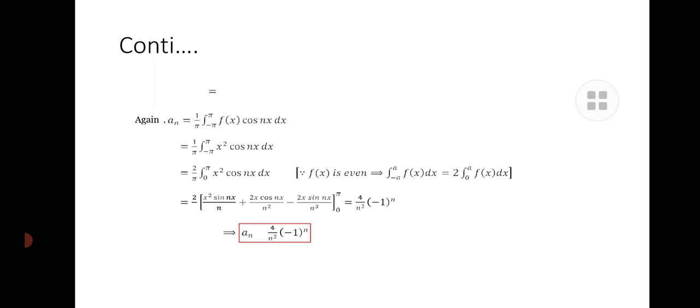Applying the upper limit and lower limit, we will get 4 divided by n square into minus 1 to the power of n.